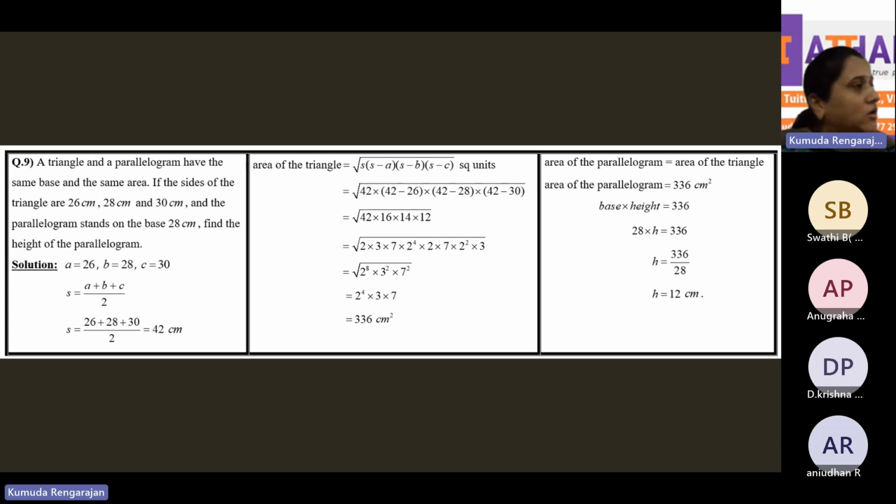Now it's given that the parallelogram has the same area as the triangle. So what will be the area of the parallelogram? Same thing, 336. The base of the parallelogram is given as 28 centimeters and you should find the height. Very easy, yes or no? So base into height is equal to 336. Base is given 28. So height is equal to 336 by 28.